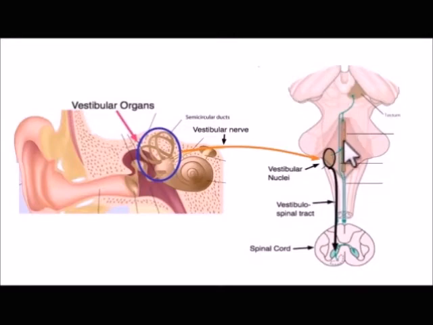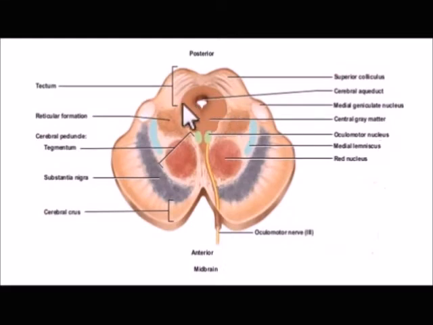This tract in the midline extends through the medulla, pons and midbrain. And this medial longitudinal fasciculus is attached by fibers to the tectum, or in other words, it gives the connection to the tectum. The tectum is found in the midbrain, and it is the dorsal or posterior portion of the midbrain, which contains the superior colliculus and inferior colliculus.